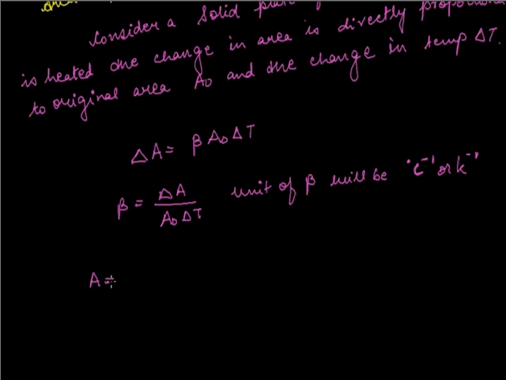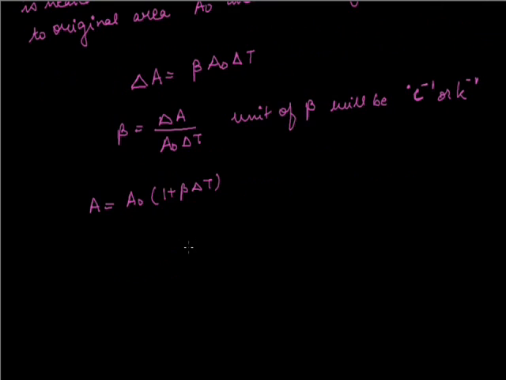A is also equal to A0 into 1 plus beta delta T, where A is the area of the plate after heating.